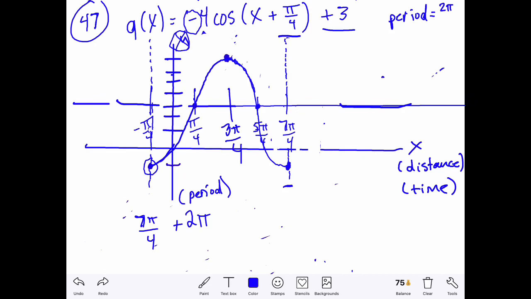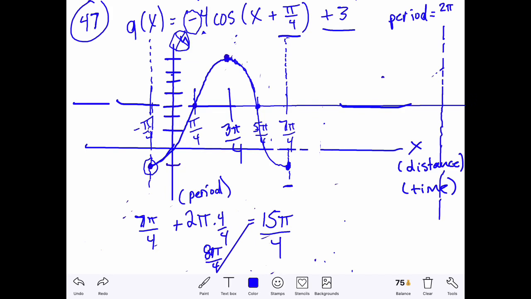Okay, so 7 pi fourths, I'm going to have to multiply this by 4 over 4. So that'll be 7 pi fourths plus 8 pi fourths, and that would equal 15 pi fourths. And I'm just going to go ahead and dot this down in here about another period's length down. 15 pi fourths, which I know it should end after one more period.